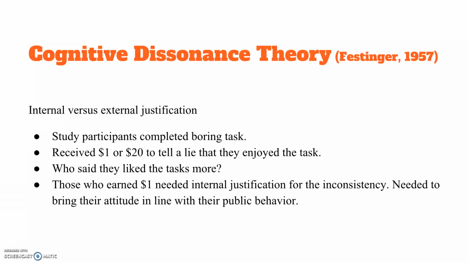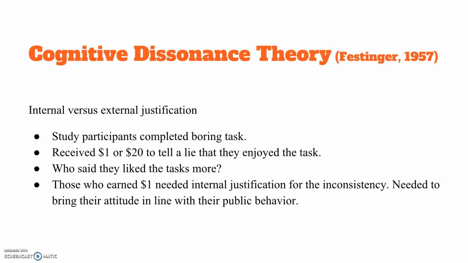And then the researchers gave the study participants $1 or $20 to tell the next participants that they enjoyed the task, right? So after they told the next participants that they enjoyed the task, the researchers had the original participants fill out a survey to find out how much they enjoyed the task that they had just completed.